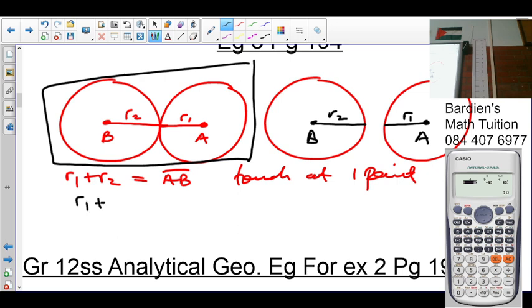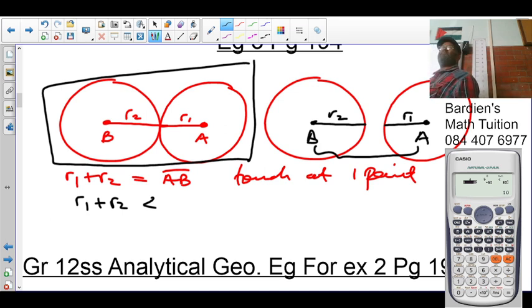If R1 plus R2 is less than the distance between A and B, can you see that the distance between A and B will be greater than the sum of R1 and R2? Can you all see that? So if the sum of the two radii is less than the distance between the centers, then the distance between the two centers of the circles is larger than the sum of the two radii.